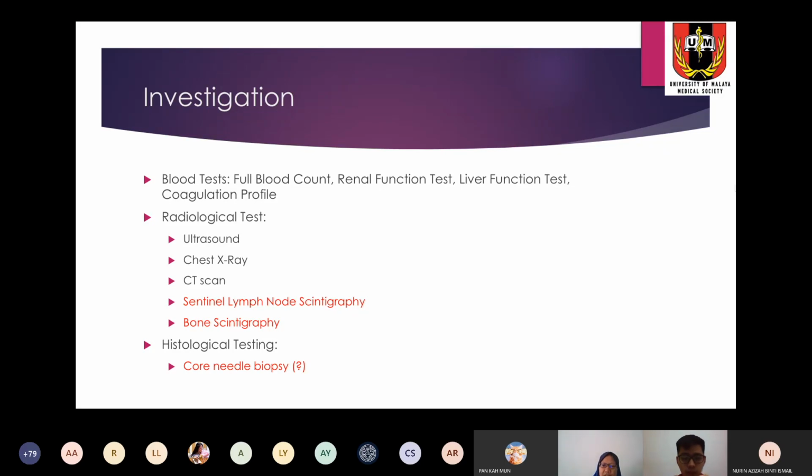Moving on, the sentinel lymph node scintigraphy and the bone scintigraphy. Is the bone scintigraphy done regularly in UM or not at all? Before we talk about the bone scan, we have to focus on the triple assessment first.